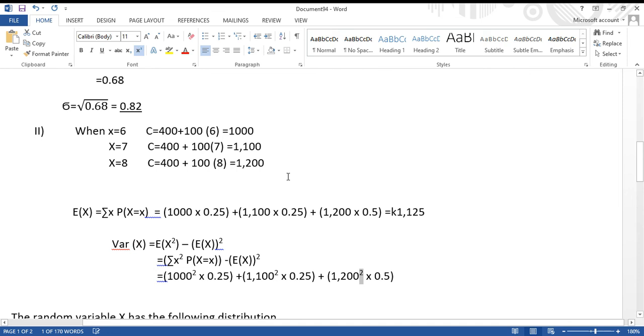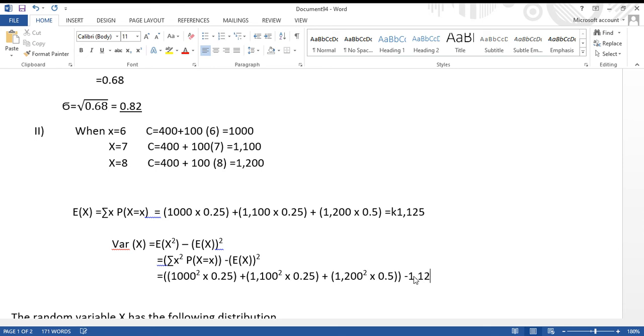And then we subtract the square of our mean cost, minus 1125 squared.